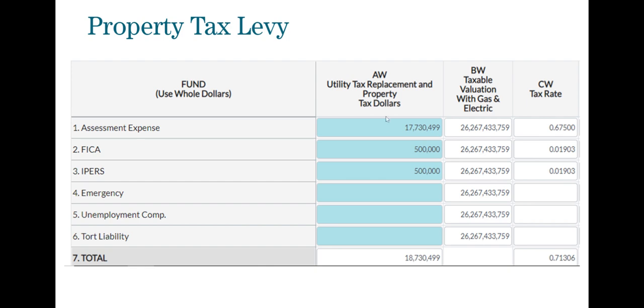So in this instance, we have an individual that is levying at the maximum for assessment expense. Maximum again is that 67.5 cents. They do have additional costs that they're needing to bring in revenue for, FICA and IPERS, so they're also levying FICA and IPERS for their total requested dollars and their total rate.